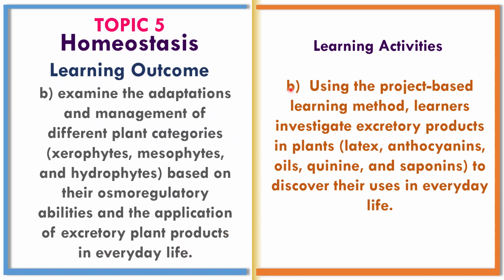We have been looking at learning activity B. Using the project-based learning method, learners investigate excretory products in plants, latex, anthocyanins, oils, quinine, and saponins to discover their uses in everyday life.